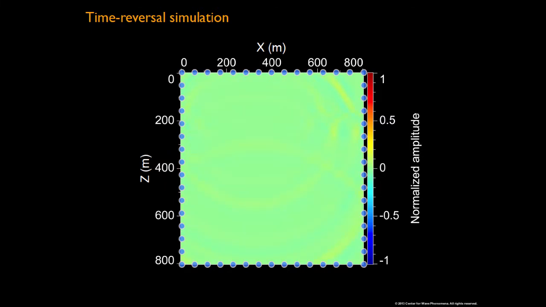They eventually get recorded by each station, and then each station becomes an injector, and they inject the time reversed signals back into the medium. The new waveforms propagate backwards, and this is the best focus that we can achieve at the time of focus.